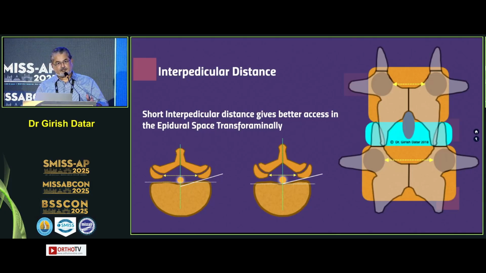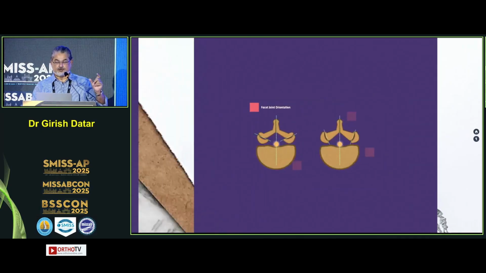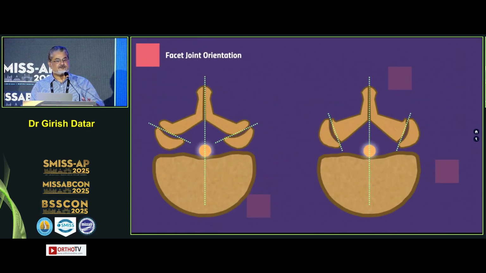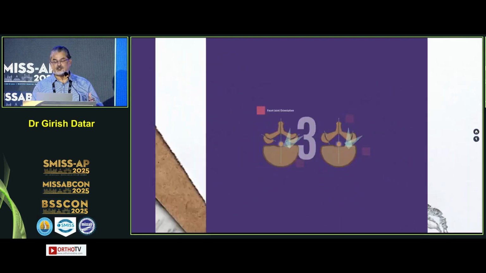The shorter the interpedicular distance, the better the area you have to work on. Orientation of the facet is also very important: with horizontally oriented facets, interlaminar surgery is preferred; with vertically oriented facets, transforaminal surgery is preferred, because you want to sacrifice as little joint as possible.